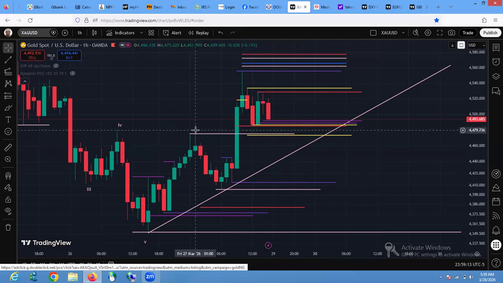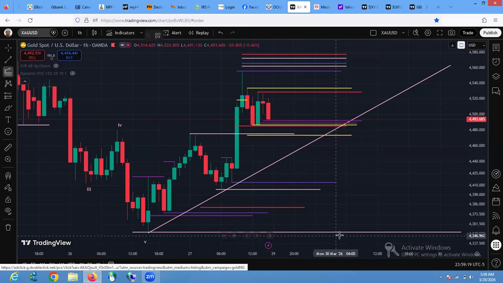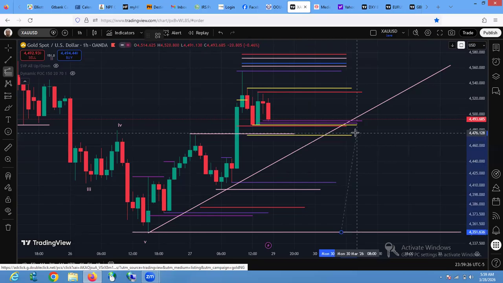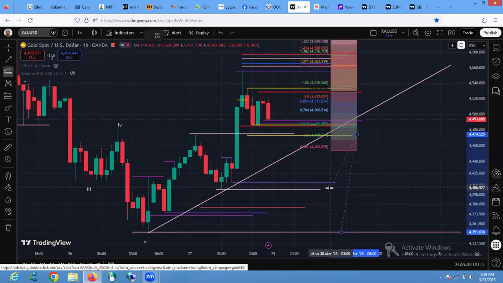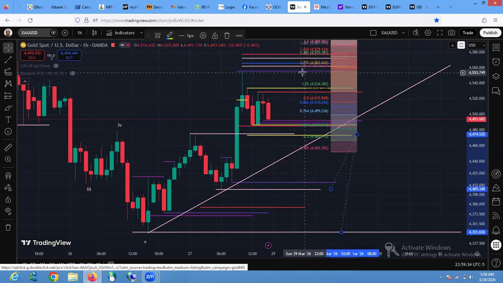And if you even want to try and paint it as something else, and you want to call it a 1, 2 from here up here, and call this a 1 and a 2 in that regard, then the reaction here also didn't even get to 1.27 before we begin to see this reaction, a drop that you want to call a 5.